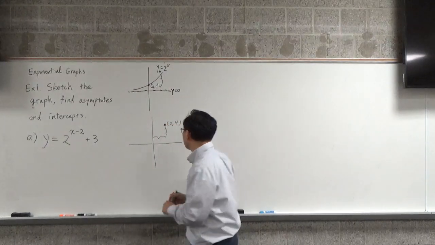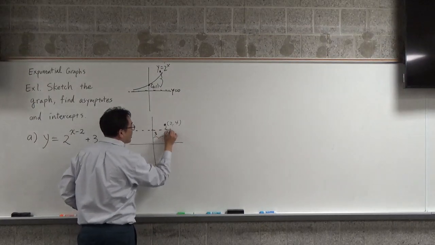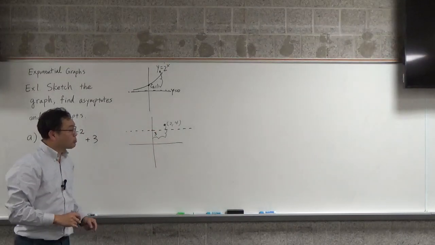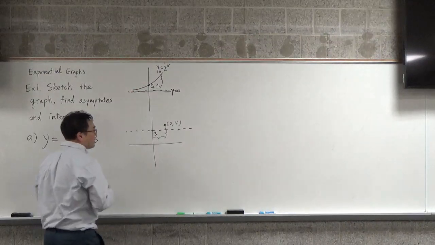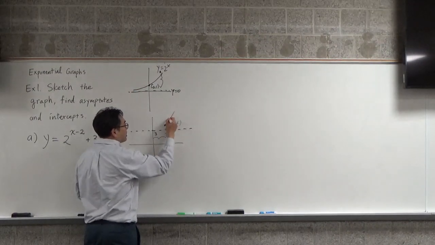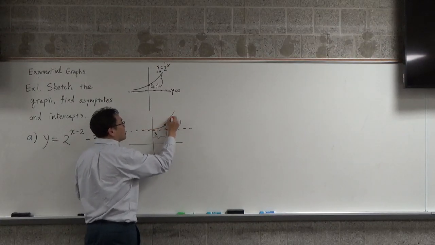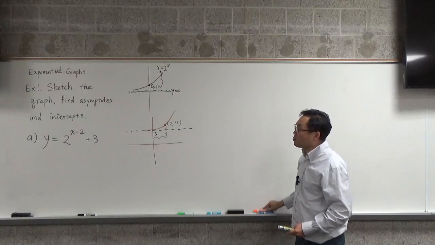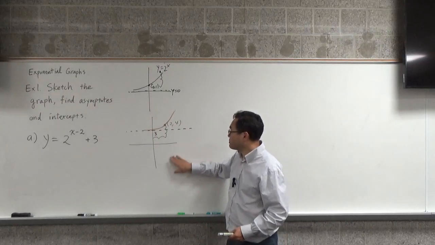So you're going to put this as the new horizontal asymptote, and the graph passes through this point. The shape is still like that, so we draw the graph like this. So that's the graph of y equals 2 to the x minus 2, plus 3.